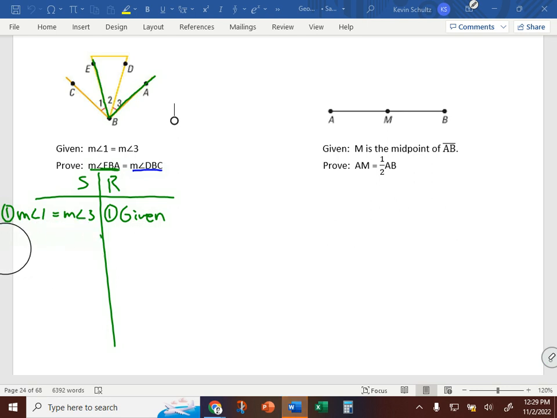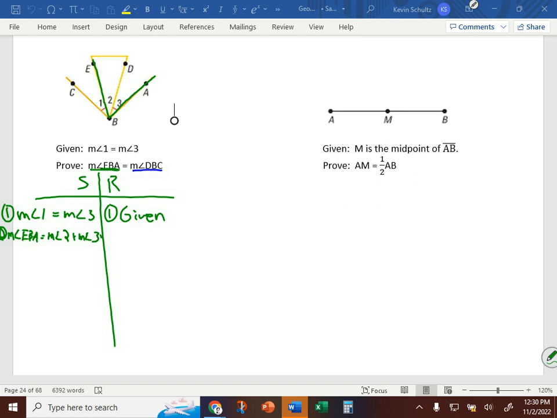I'll try and write it neater now, so I know how much space I need. Step 2: the measure of angle EBA is equal to the measure of angle 2 plus the measure of angle 3. There we go.